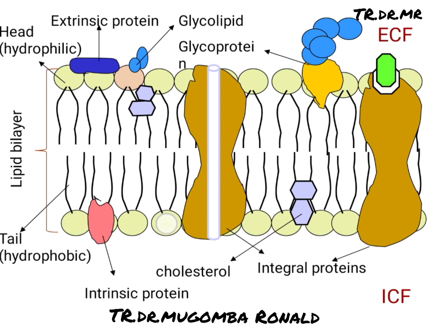The hydrophobic tails project towards each other, and the hydrophilic heads project inwards into the ICF and outwards into the ECF. You can see that we have molecules known as cholesterol in between the phospholipids. So that is basically the fluid mosaic model of the cell membrane.